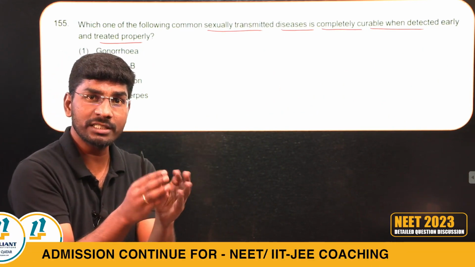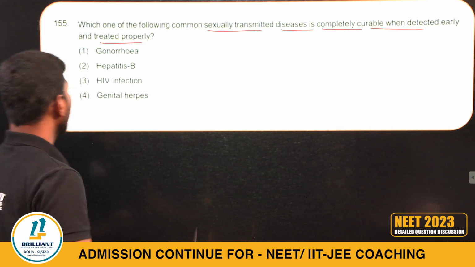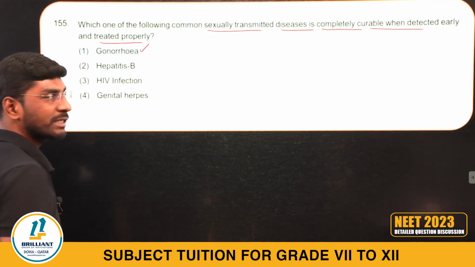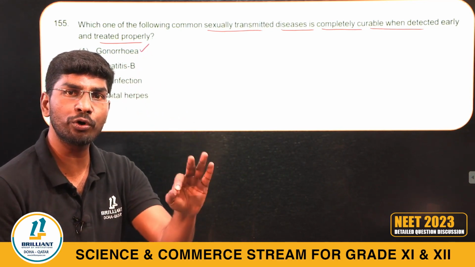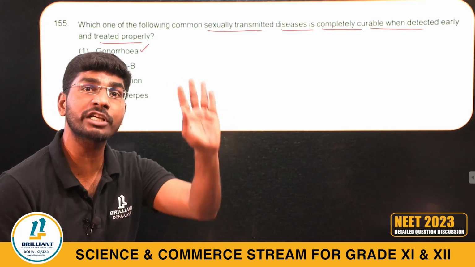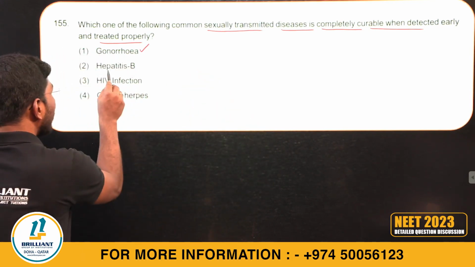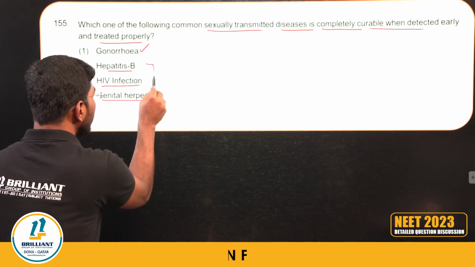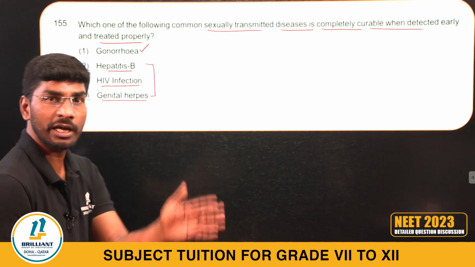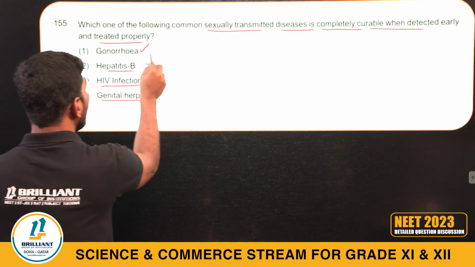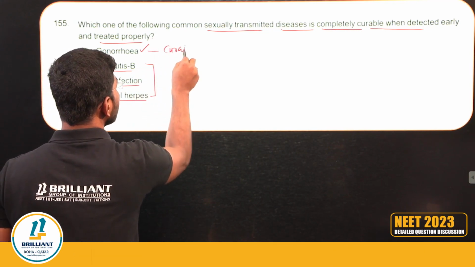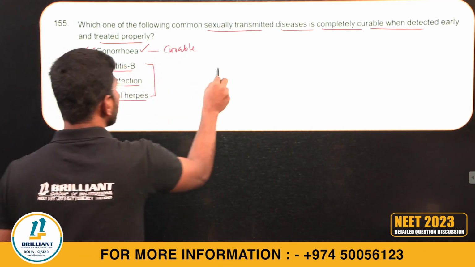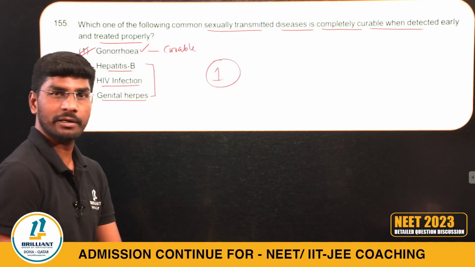Gonorrhea, yes, a bacterial disease caused by Neisseria gonorrhoeae, and syphilis can be cured. Hepatitis B, HIV infection and genital herpes are not curable, incurable diseases. And gonorrhea is what? Tell me, curable disease. So option 1 is the right answer.